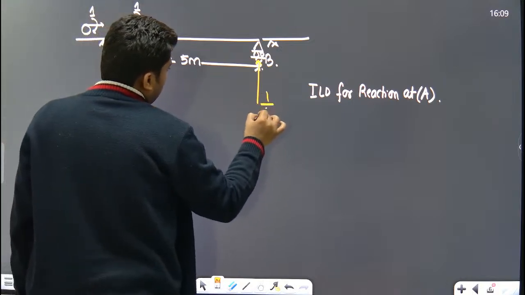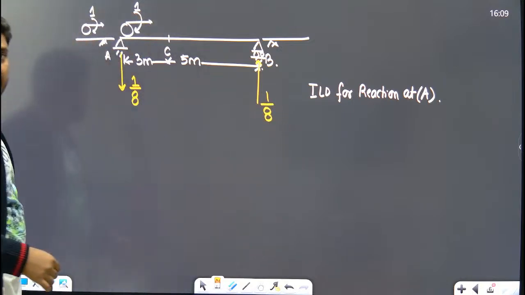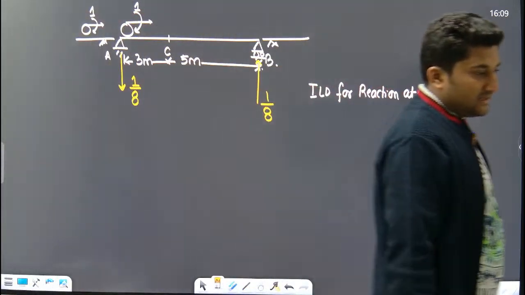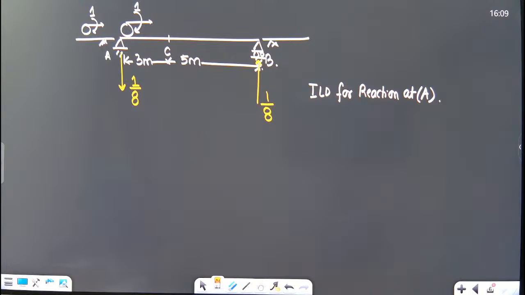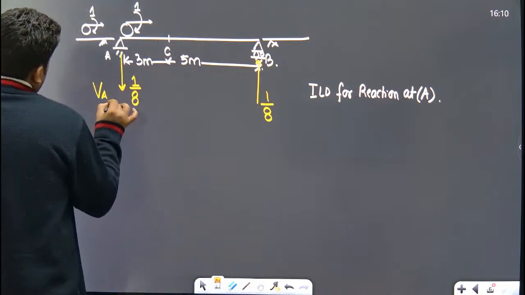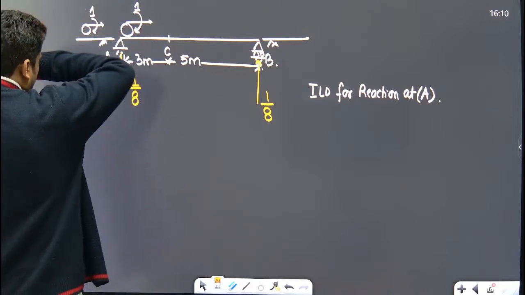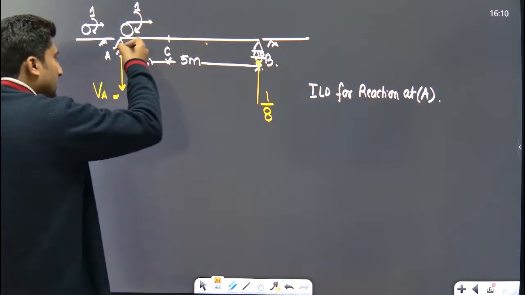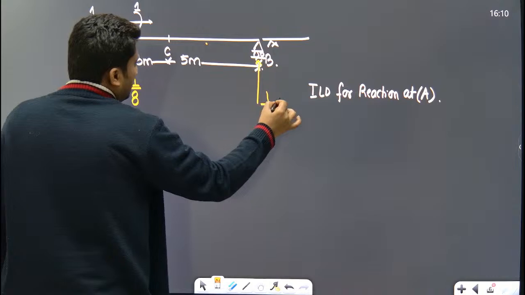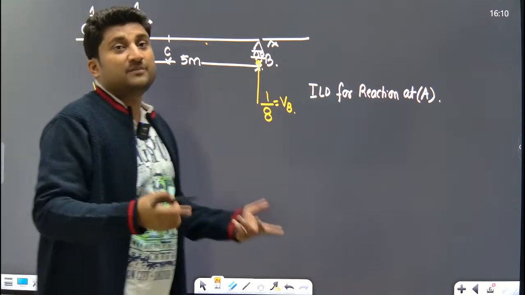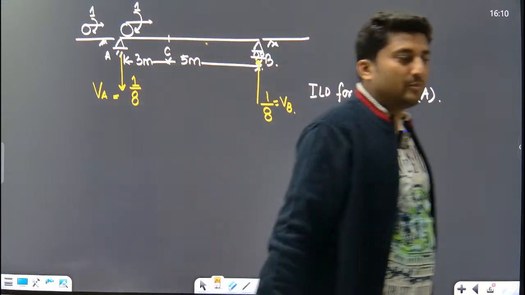Here also this is 1 upon 8. Reaction at A is 1 upon 8 and reaction at B is 1 upon 8. Have you understood this? According to the previous concept, whatsoever be the position of this unit moment, there will not be any change in the reaction. But yes, internal effect may change. Shear force and bending moment may change.